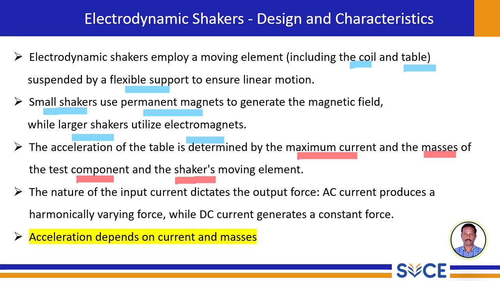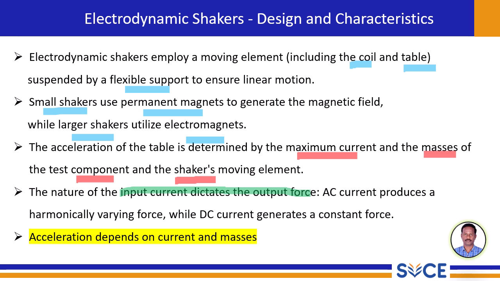Higher current will result in a greater force. That is, the input current is dictating the force, which is leading to higher acceleration for the given mass. Conversely, a larger total mass will result in lower acceleration for the same applied force.